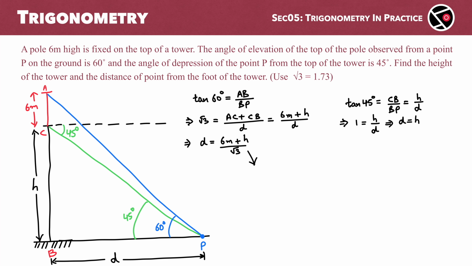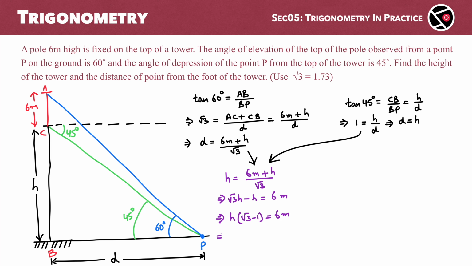Combining these two results, we have h is 6 meters by square root of 3 minus 1. We rationalize the denominator by multiplying and dividing the expression with square root of 3 plus 1. Some simple math.